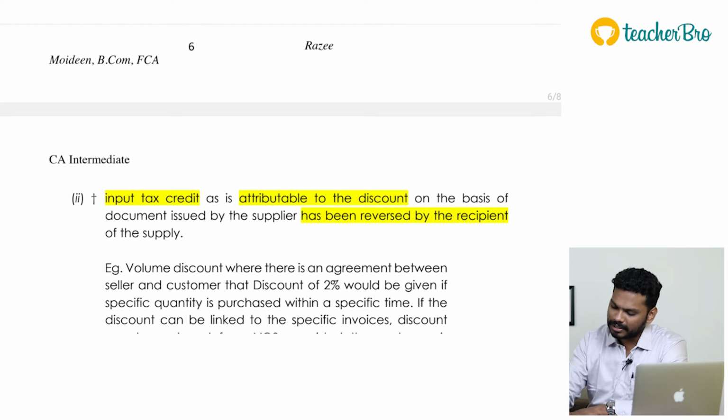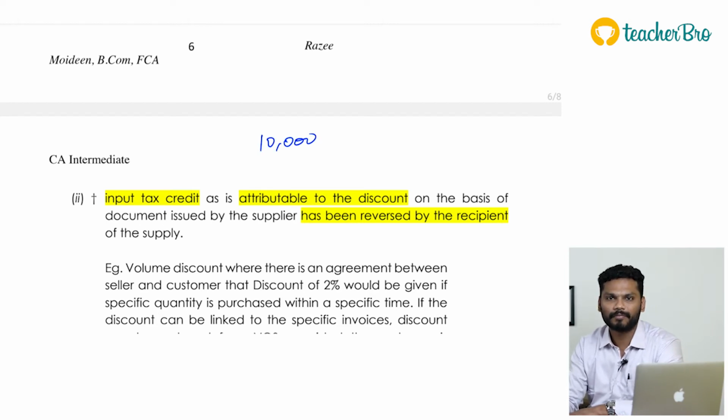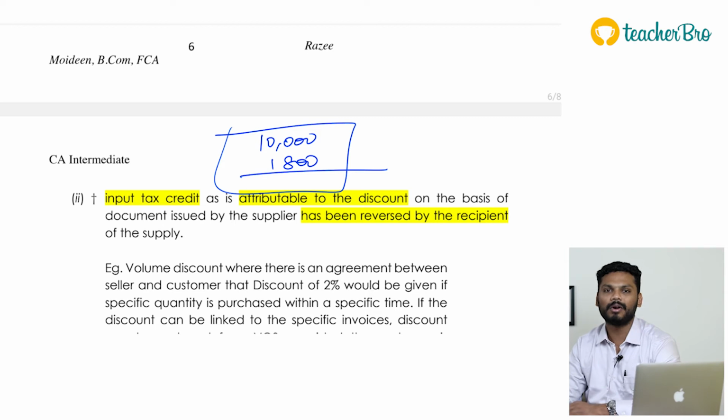Suppose a recipient purchased goods worth 10,000 rupees from me. I charged 1,800 rupees as GST. So the total invoice value is 11,800. Later, I am giving 1% discount. After 5 days, he made a cash payment. At that point, I am giving him 1% discount.